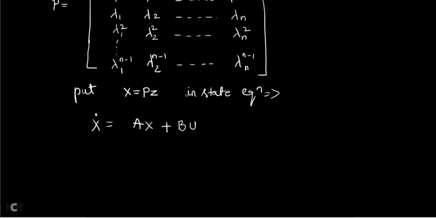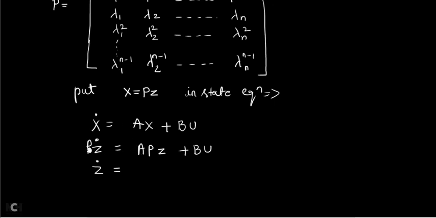So what will be x dot? If you substitute, P into Z dot is equal to A, here also x is equal to P into Z, B into u. Now I don't want this P to be present on the left hand side, take it to the right hand side. In matrix, if the P is present to the left of Z dot, when you take it to the other side, P should also be on the left side only.